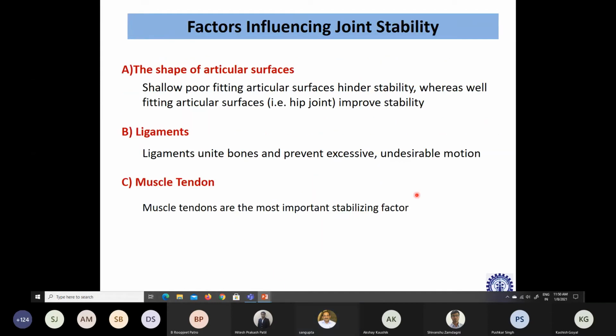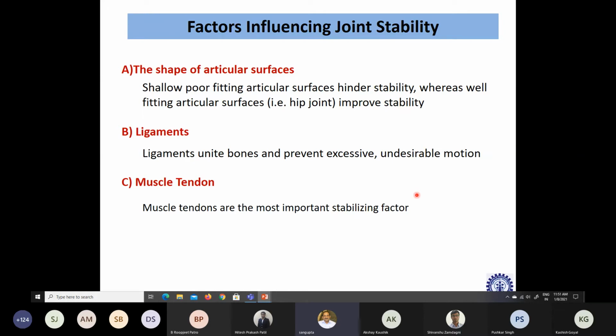Now comes the question: what are the factors that influence joint stability? These are very important things connected with the mechanical system. If we consider the body as a mechanical system, the factors that contribute towards joint stability are as follows.